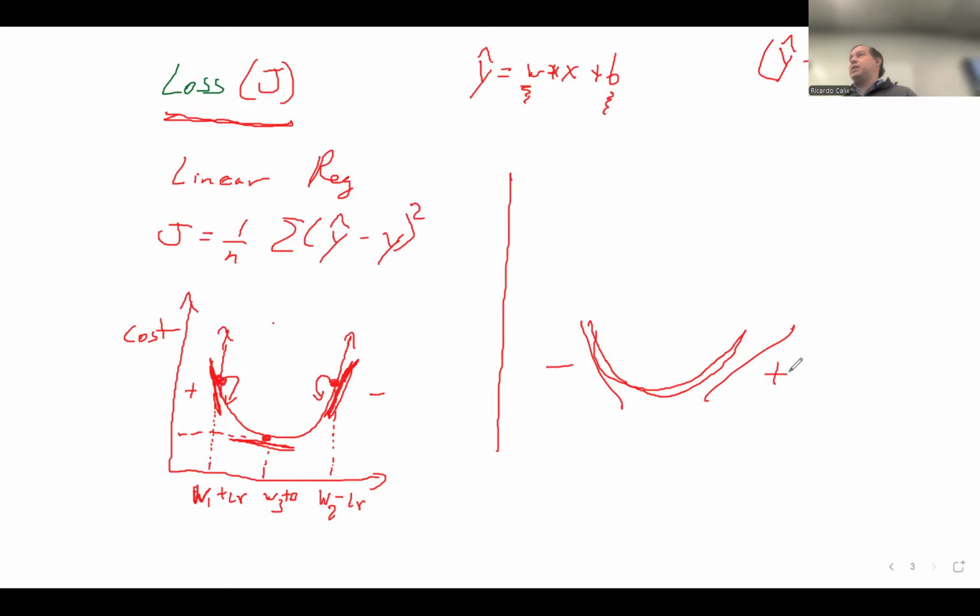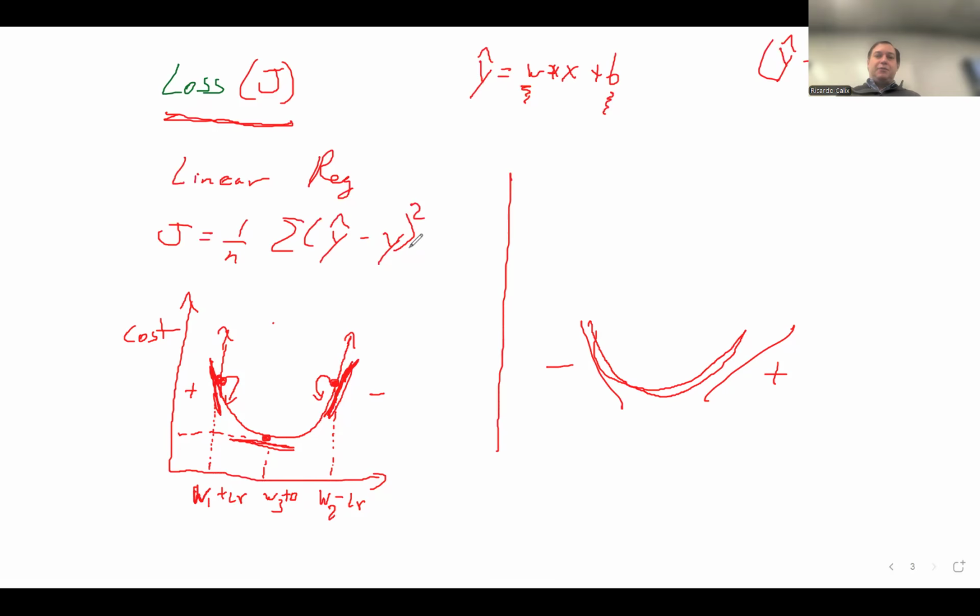That's right. The goal is to get close to W3. Yeah, the loss is the lowest. Yeah, exactly right.